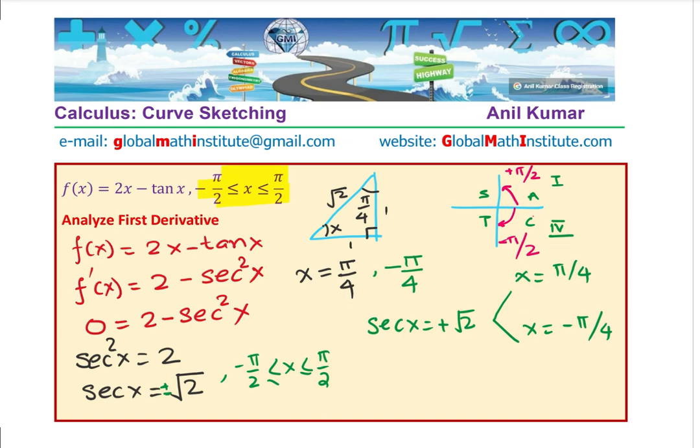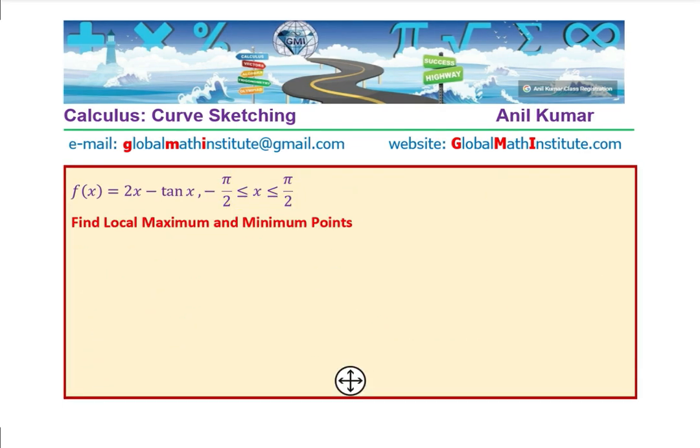Now what you need to do is analyze this to find whether we have a local maximum or a local minimum at this critical point, right? So our derivative is 2 minus secant square x. Let's analyze it.